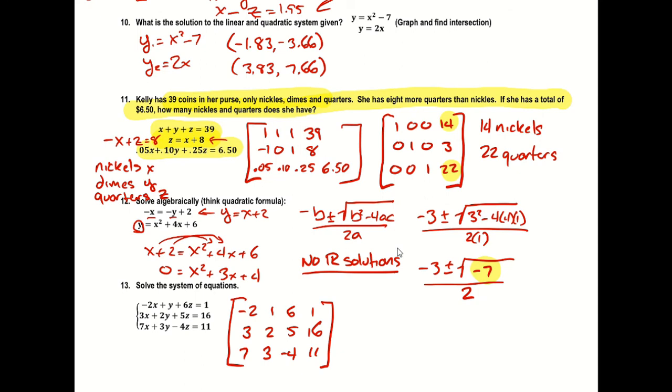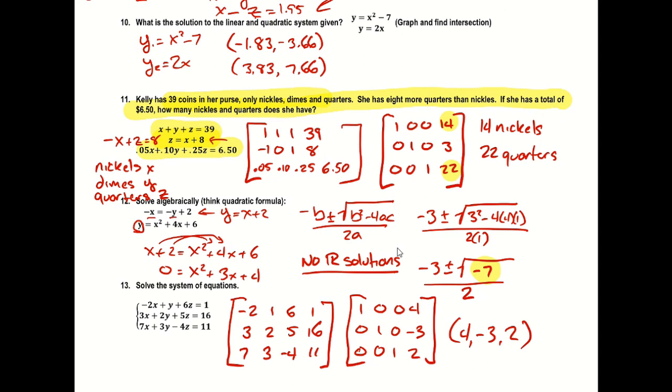Plug this information in, hit enter, and you will get a solution matrix of 1, 0, 0, 4, 0, 1, 0, negative 3, 0, 0, 1, 2. And our ordered triple, 4, negative 3, 2.